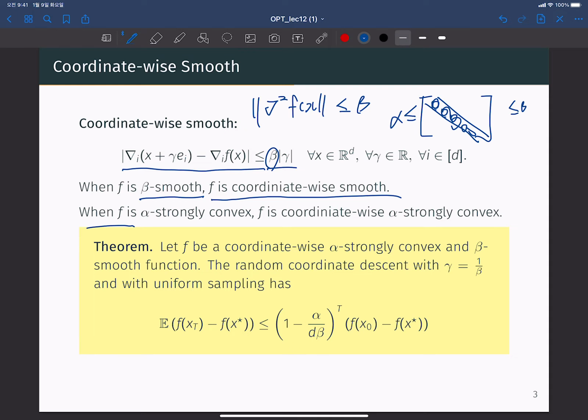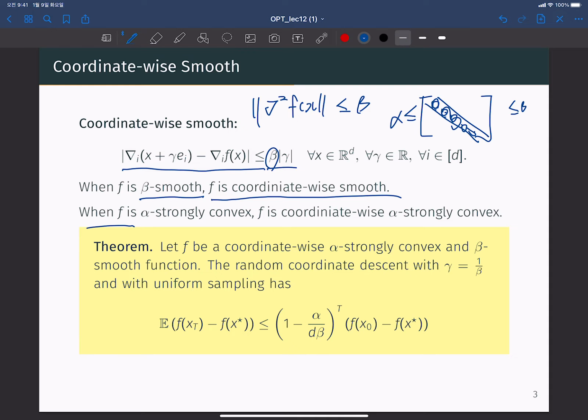So when all the diagonal elements are between alpha and beta, this also means that coordinate-wise, your objective function f is beta smooth and alpha-strongly convex. This is a natural consequence of the definition of the Hessian.